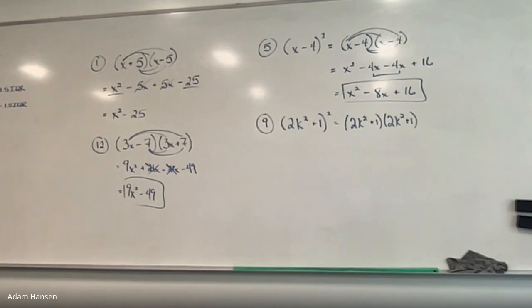You gotta write it out twice. 2k squared plus 1 squared. 2k squared plus 1, the second 2k squared plus 1. Is this right? It's on the screen. How'd it come out? Okay, gotcha.